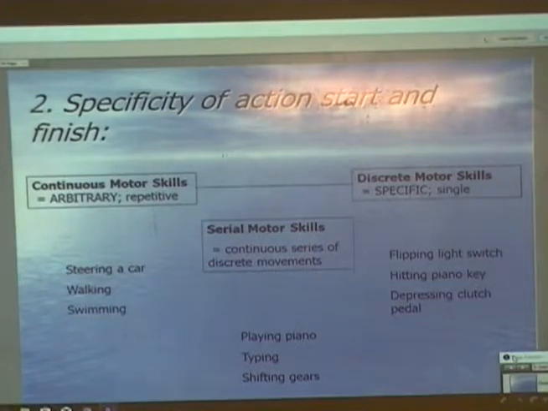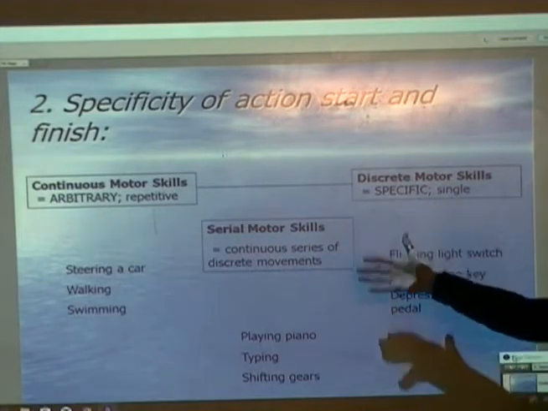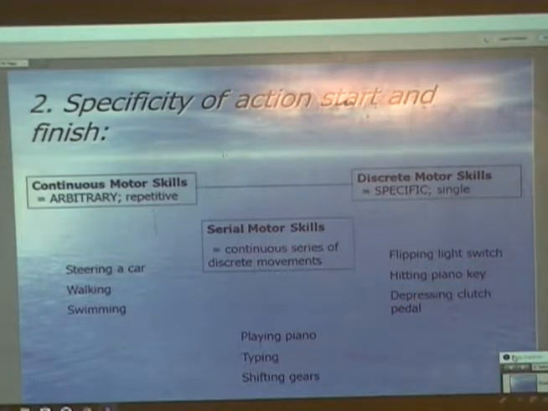If you watch gymnastics and the gymnast is at the corner of the floor and they do their insane tumble run across the floor, that's a serial skill because they're combining a round off and a back handspring and a somersault or more than one somersault, right?